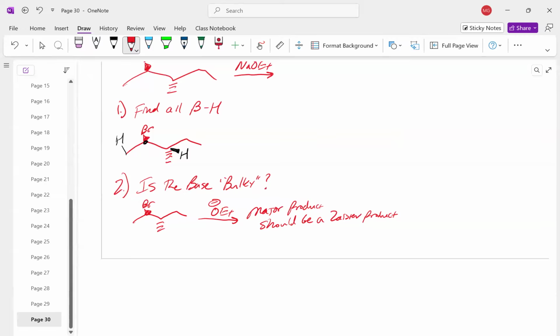Now, does that mean the less substituted alkene, the Hofmann product, isn't formed? No, it'll still be formed, just in a small amount. This will be one of our minor products. Our minor product will be a Hofmann elimination, where the base would go after this hydrogen.